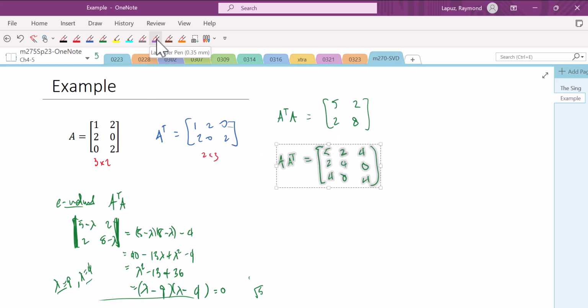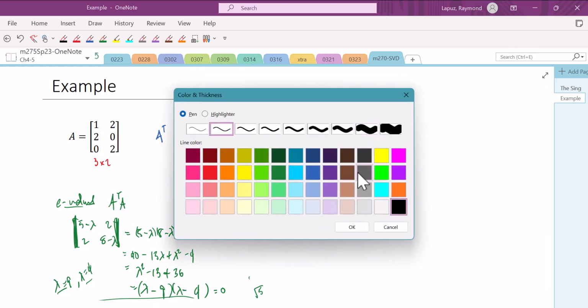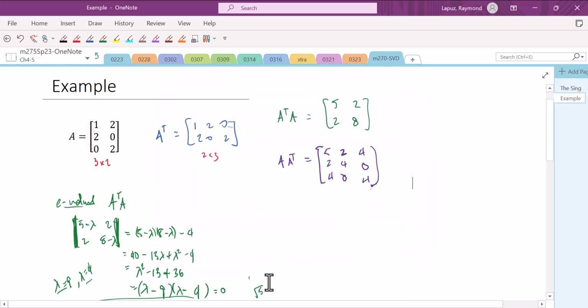I think I've already mentioned that we should expect the eigenvalues and eigenvectors of this matrix to be the same as the other one, which means there's an extra one. So I think the extra one is going to have to be 0. Let me just change the color of this. So let's find the eigenvalues and eigenvectors for that.